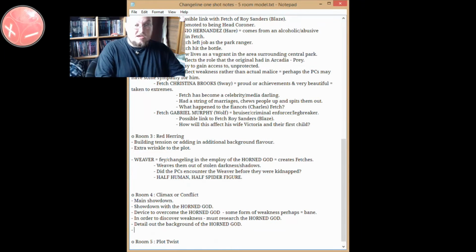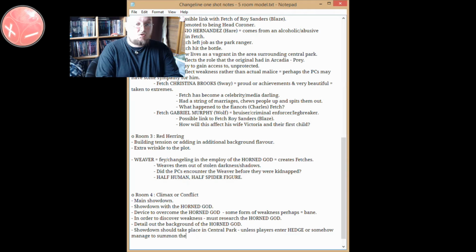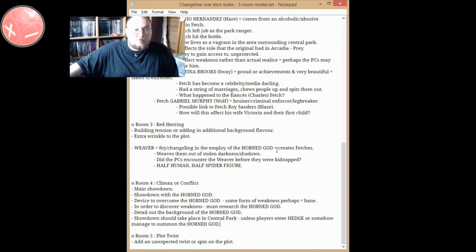And I think the showdown should take place in Central Park, unless players enter the hedge or somehow manage to summon the Horned God. And that pretty much covers room 4, the climax or conflict, I think.